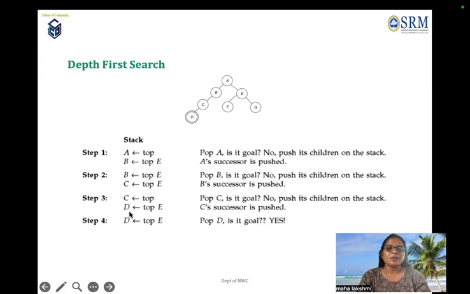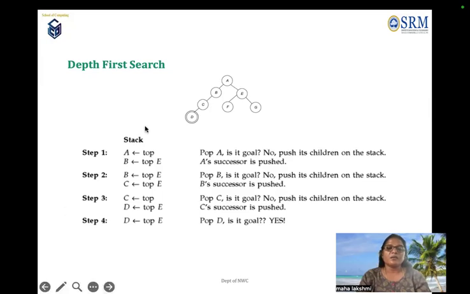C's successor is D, so D will be the top of the stack. Now we pop D and verify whether D is a goal or not. Yes, it's a goal, so the algorithm will stop and terminate.